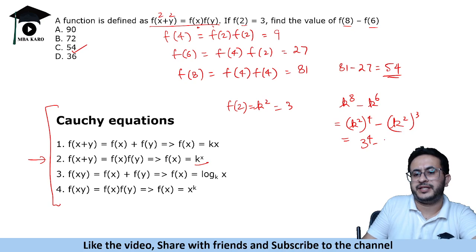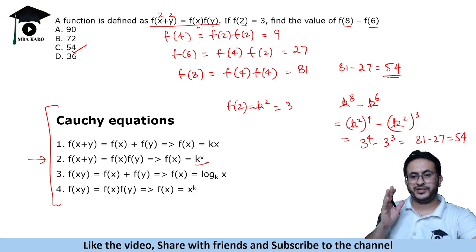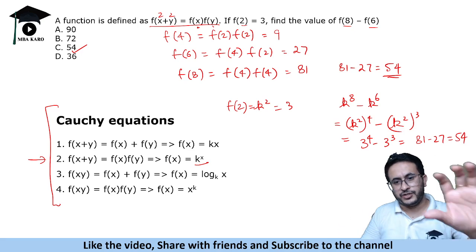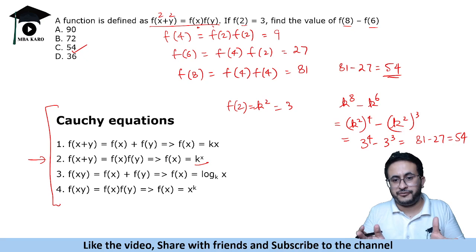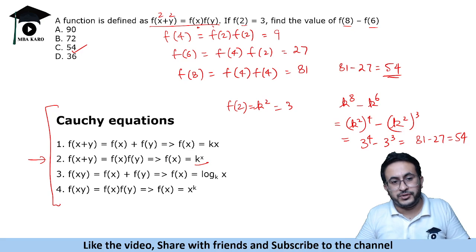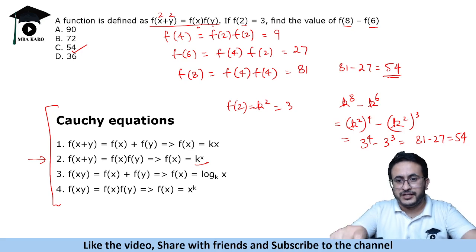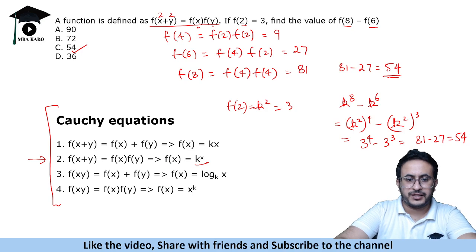So 3 to the power 4 minus 3 to the power 3, 81 minus 27, which is 54. So if I know the Cauchy equations, I could solve it directly. This is helpful if you have to calculate for large values. 8 and 6 we calculated manually also, but let us imagine it was about f of 20. Then it would have been quite a big challenge for us to calculate.